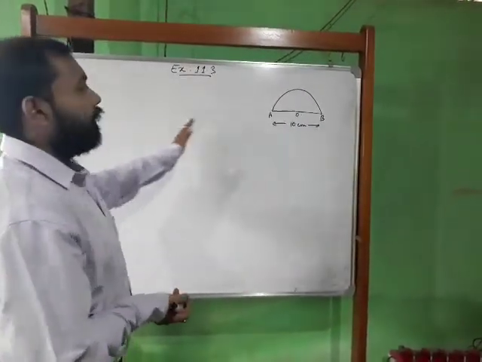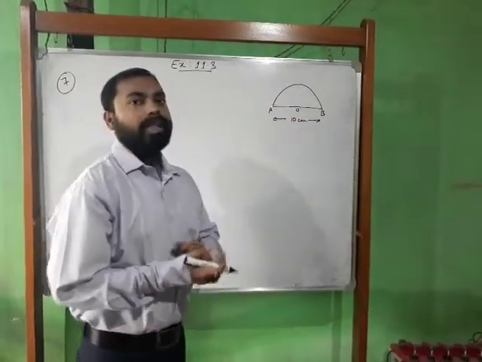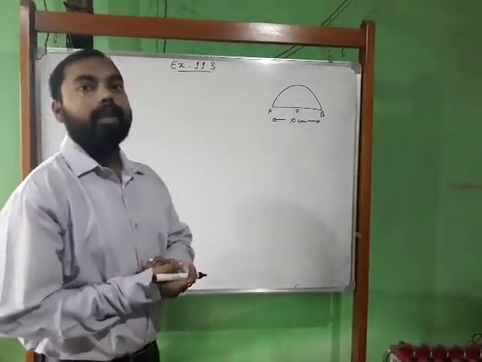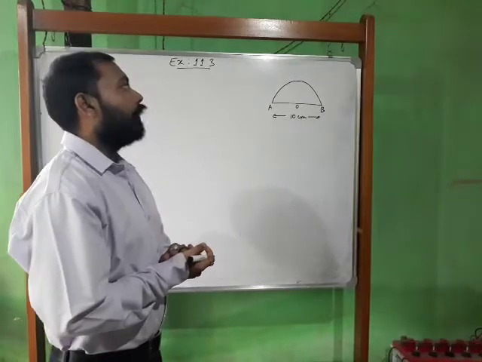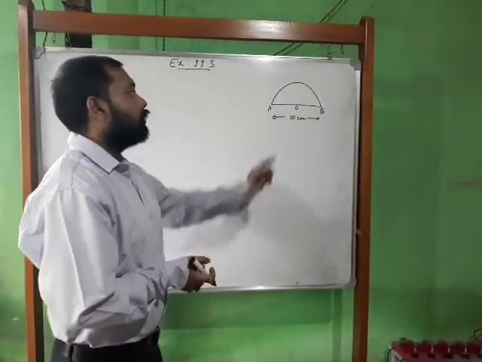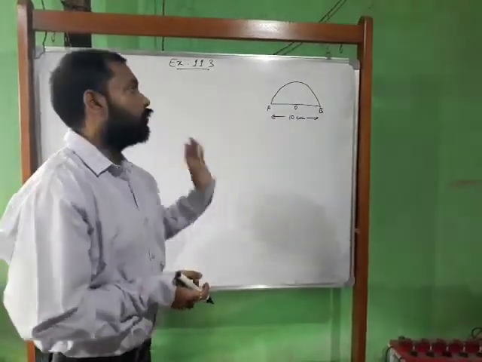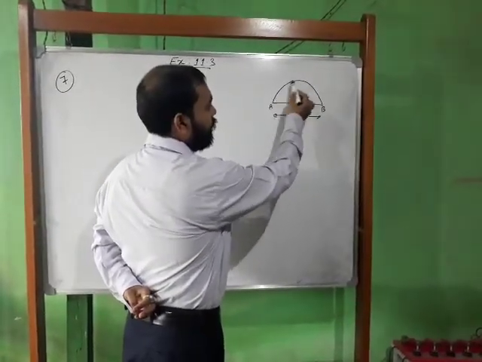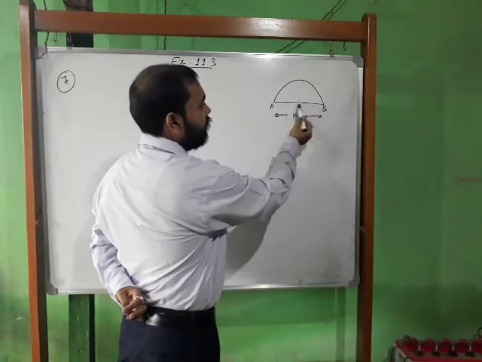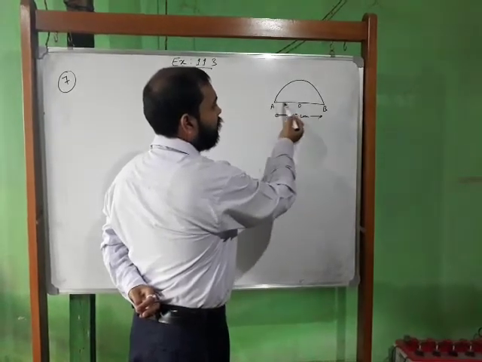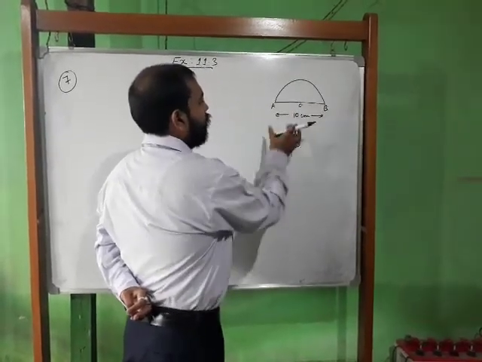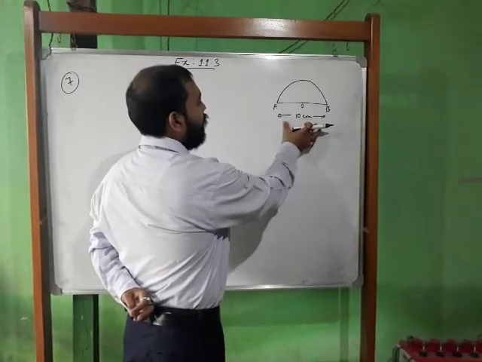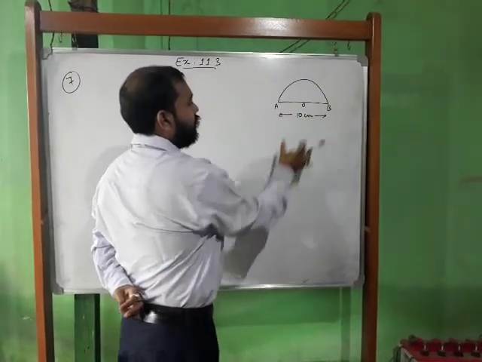Okay, question number 7. As you can see, this is our semicircle. Semicircle means half of the circle, and we have to find out the perimeter of this region. The perimeter of this region will be half of the circle, which is a semicircle, plus this diameter. Here AB is the diameter, and it is given that the diameter of this circle is 10 centimeter.